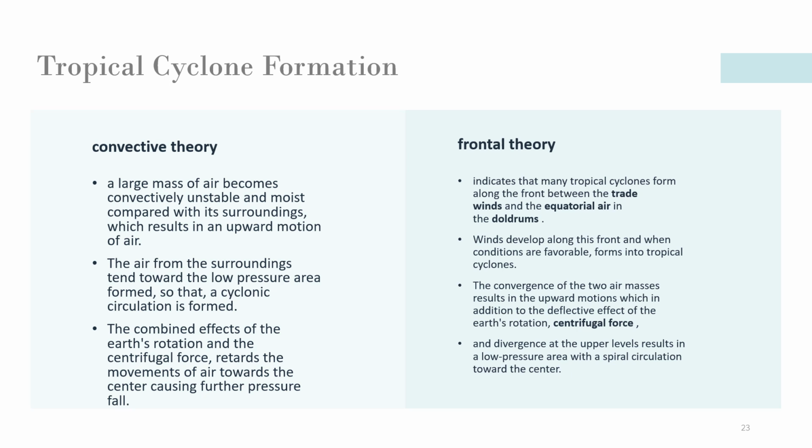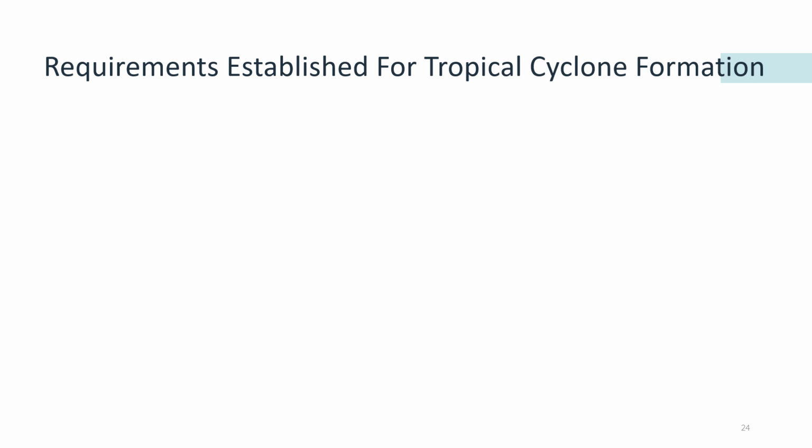But in general, the formation of the tropical cyclone has necessary requirements. So there are basic requirements established for tropical cyclone formation, because in general it is established that oceans and seas have great influence on the weather of continental air masses.